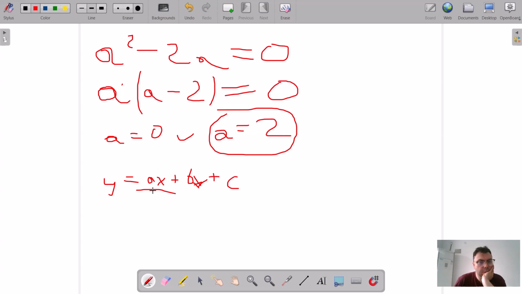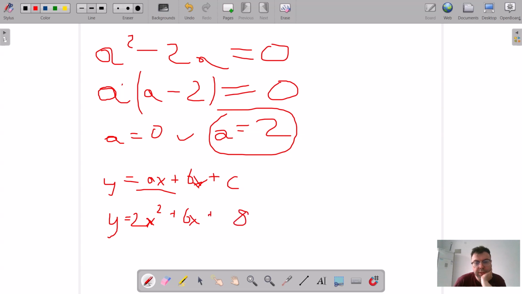And now we already know that a equals 2, because we calculated it from the equation we set up before, so we can write that y equals 2x squared plus bx plus 8.